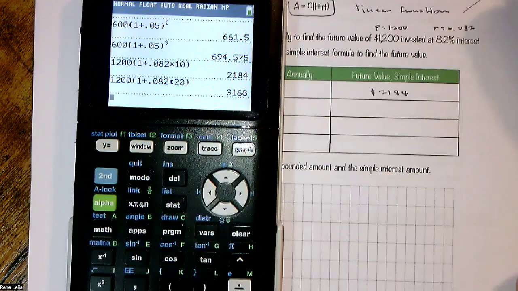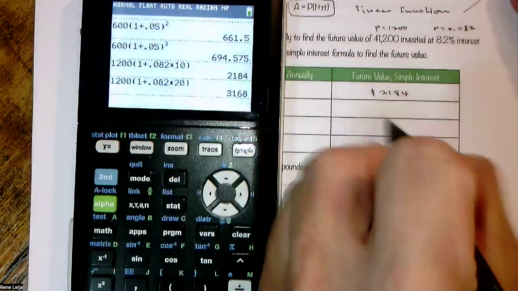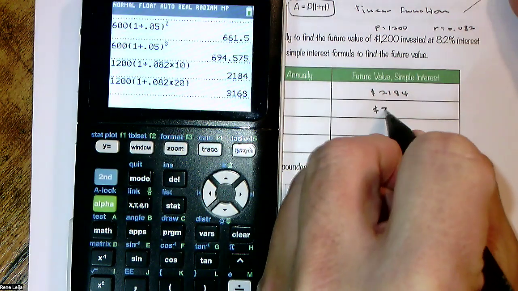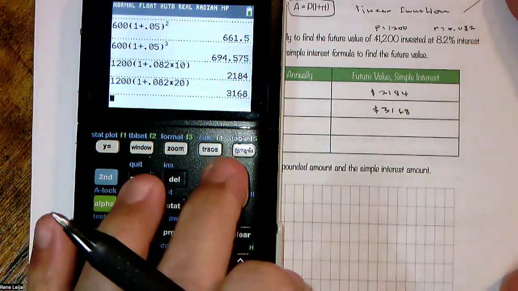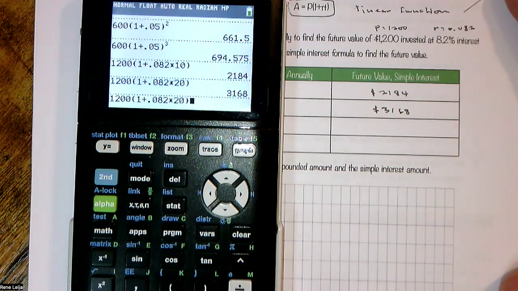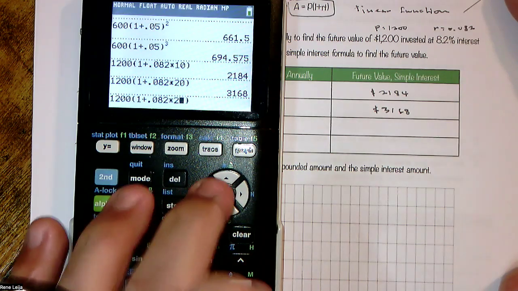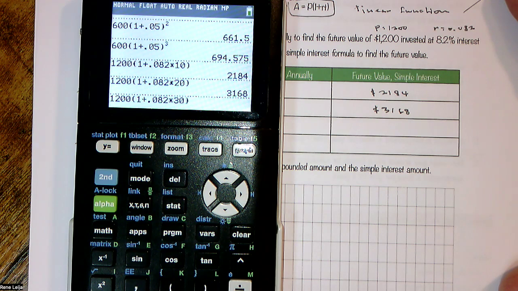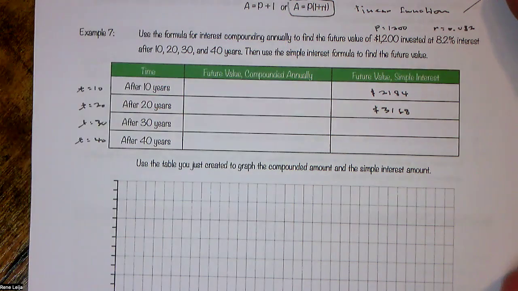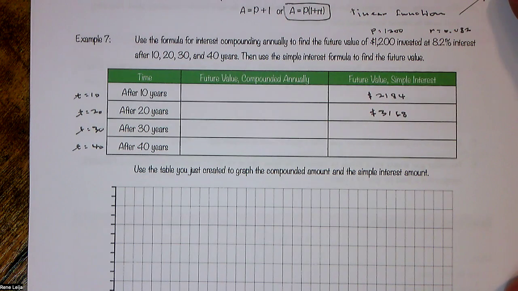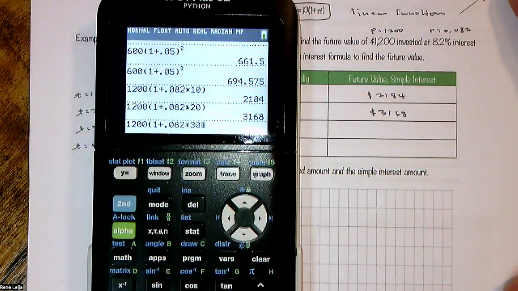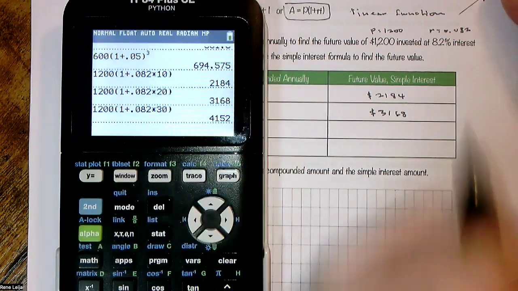Now we get 3168. I'm going to arrow up again, grab that calculation, and change the 20 to a 30, because remember, we're calculating when time is 10, 20, 30, and 40 years. So we change it to a 30. Now we get 4152.